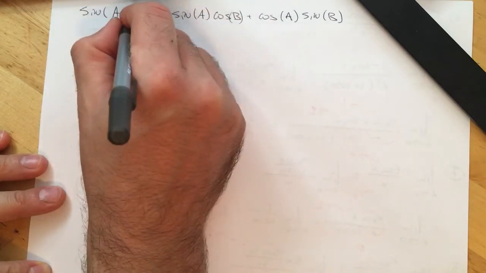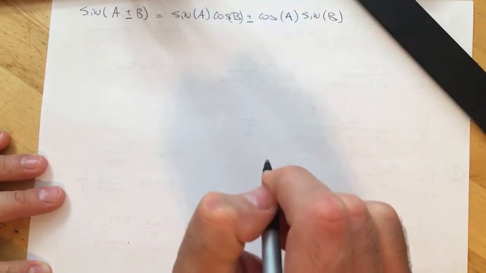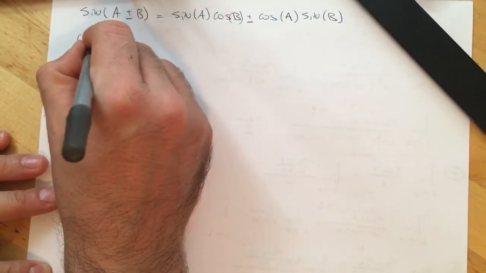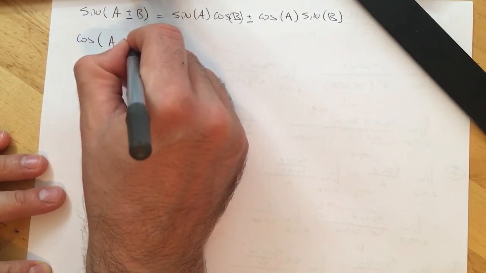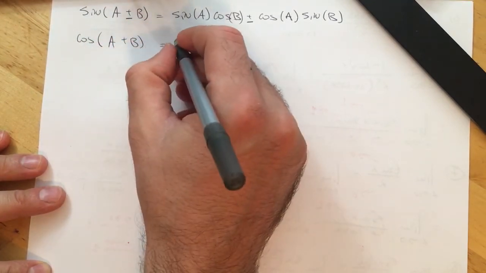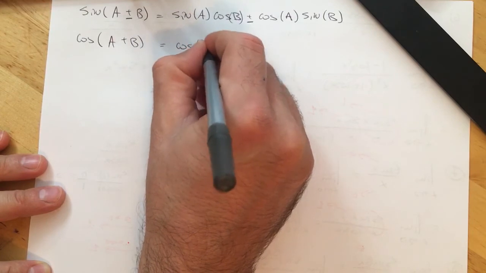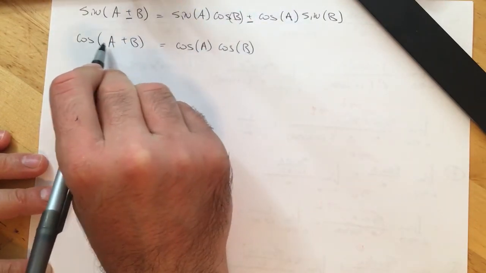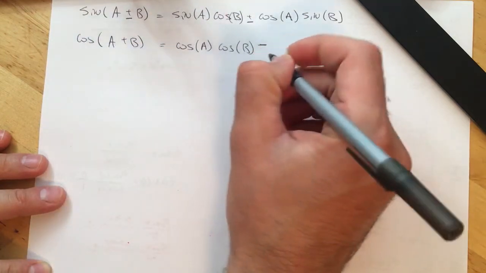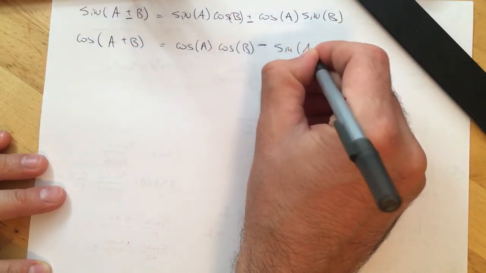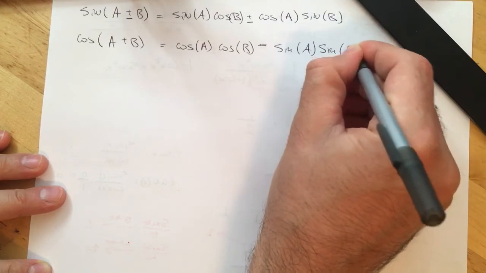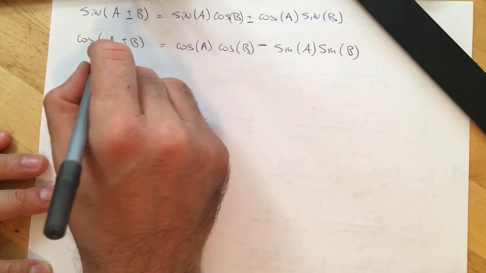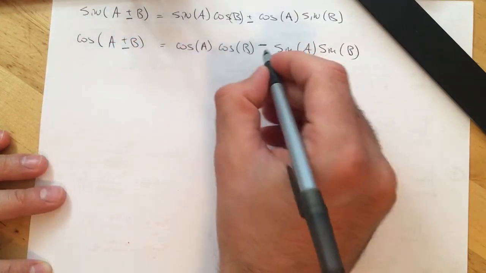And if you have a difference here, then the sign is going to change. And the cosine of a plus b is equal to cosine of a cosine of b, minus sine of a sine of b. And if I have a difference, cosine of a minus b, then the sign changes here.